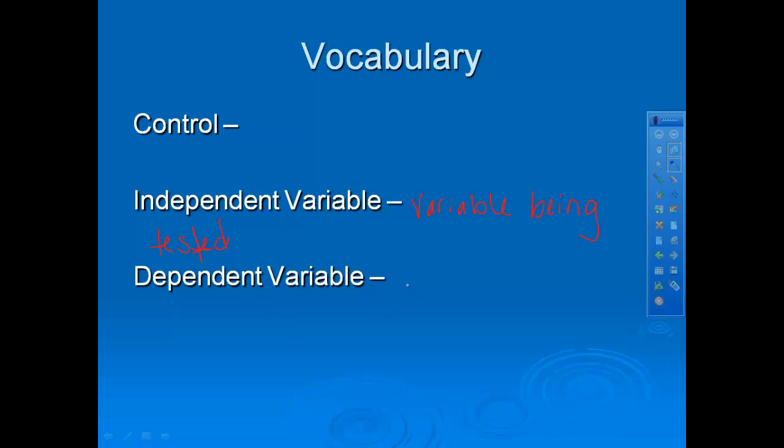The dependent variable, this is the measurable variable. So it's the outcome. It's what you're trying to determine. So in my previous example, the dependent variable would be how much the plants grew or how tall they grew.